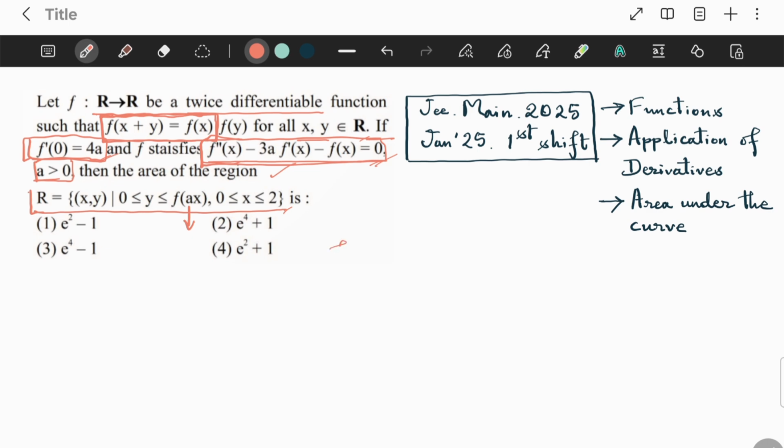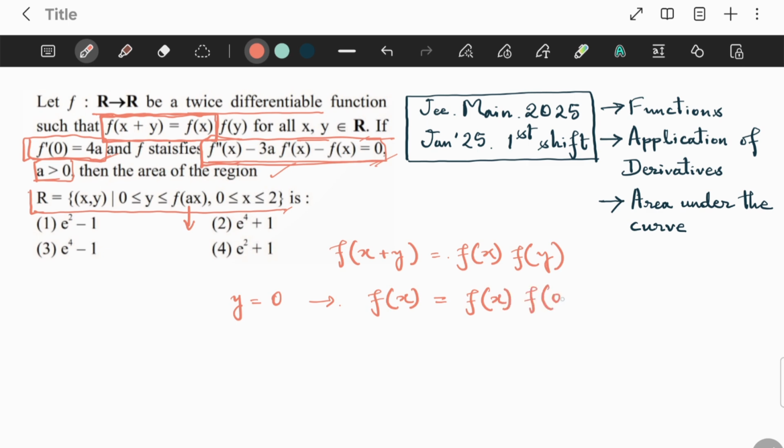Okay, so f of x plus y equals fx fy. So if we put y equals 0, this will give us fx equals fx into f0.